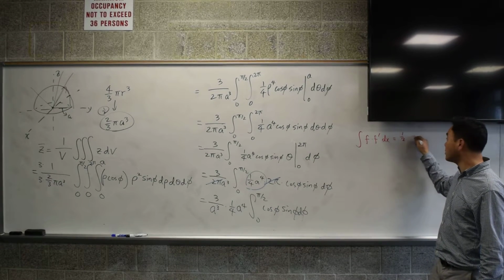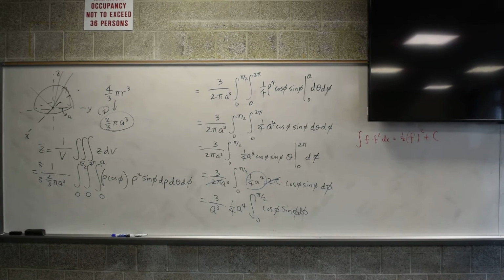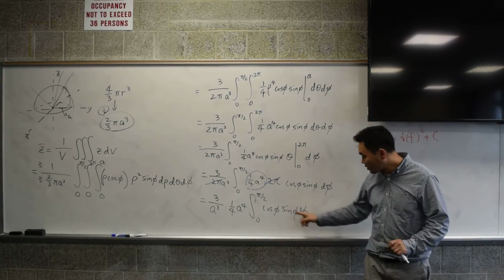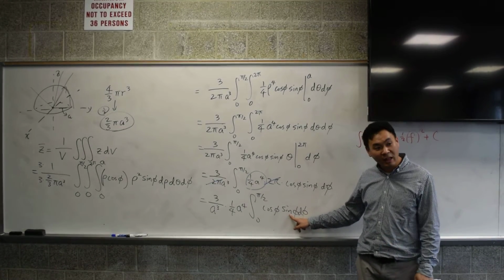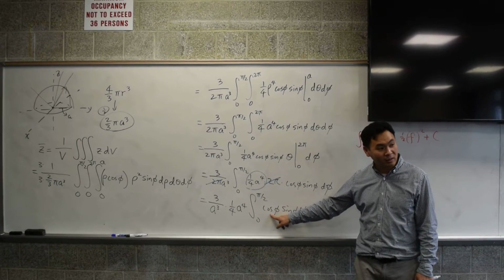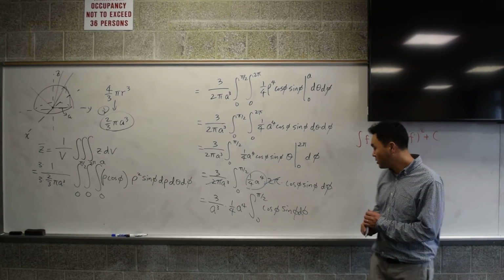You get 1/2 of the function squared plus c. That's a handy formula. It appears many times enough so that you should memorize it, okay? So in our case, sine, if you take that as f, this derivative is cosine, right? Therefore, the integration is square of this times 1/2, right? So that's what we get.